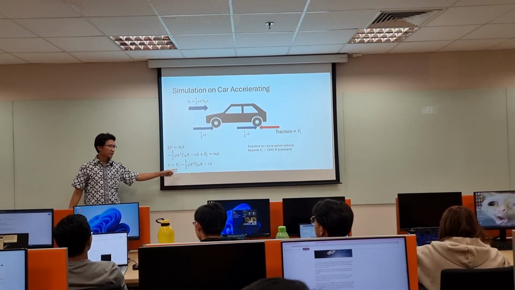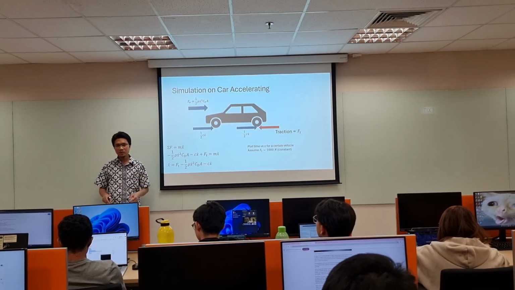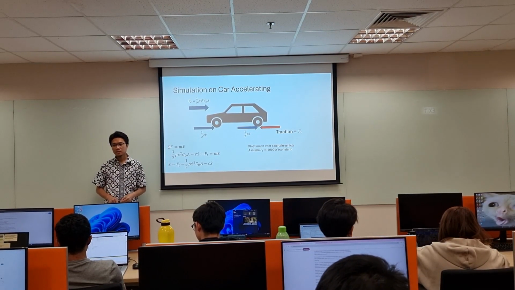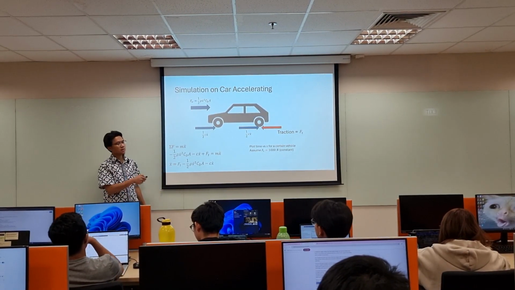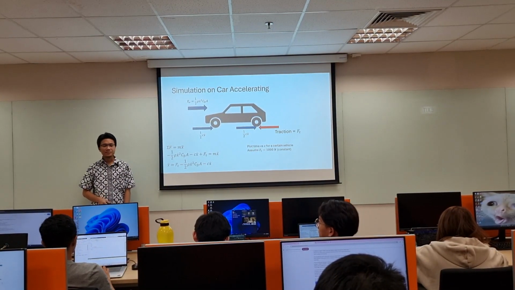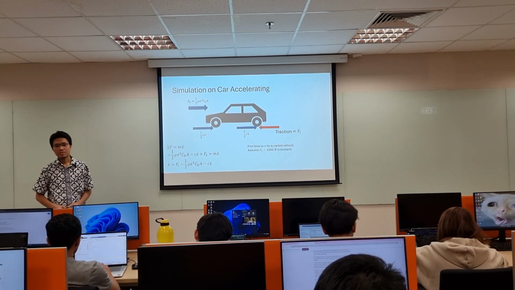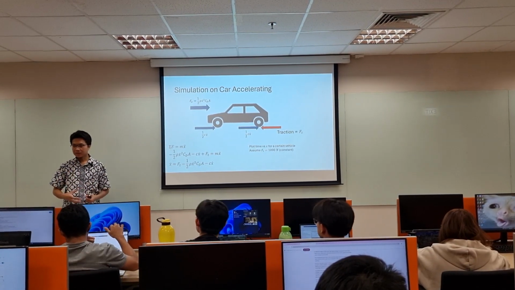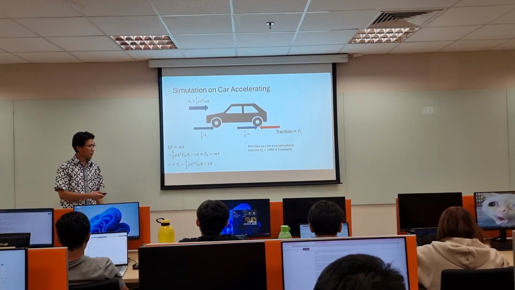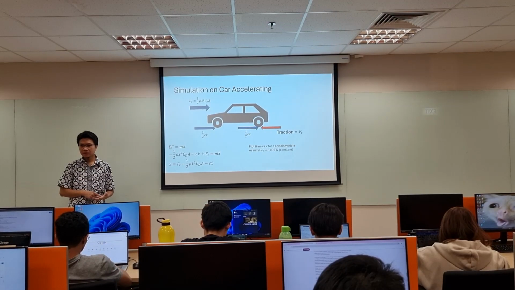They will have different drag coefficients, yeah. So each of you can choose a different car. A car, yeah. We are using a car. Okay. So you pick a car first, which is why you can get the mass of the car and the drag coefficient of the car.